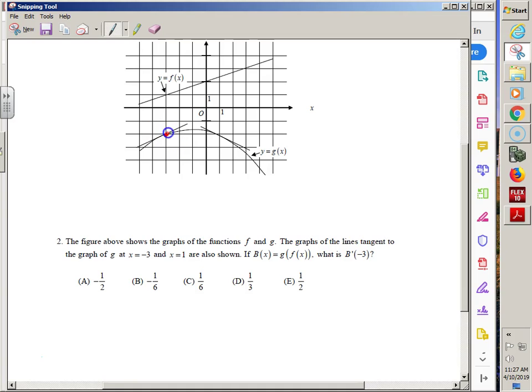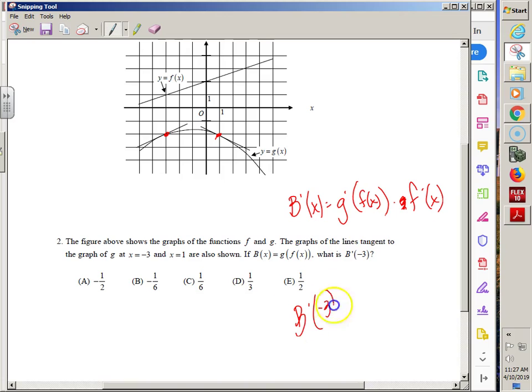There's our -3 and there's our 1. B prime of -3. So you just did B prime of X, right? F of -3 is 1.